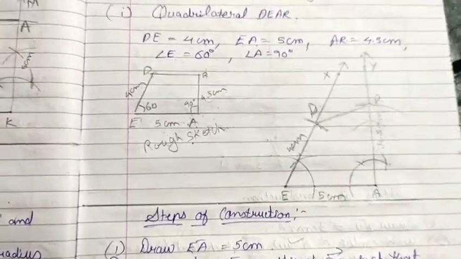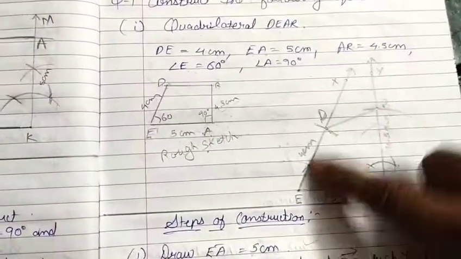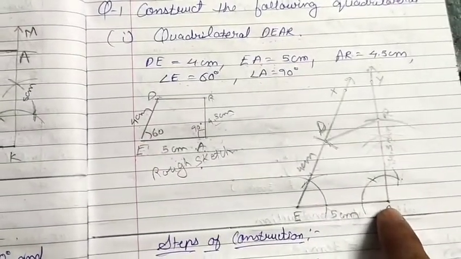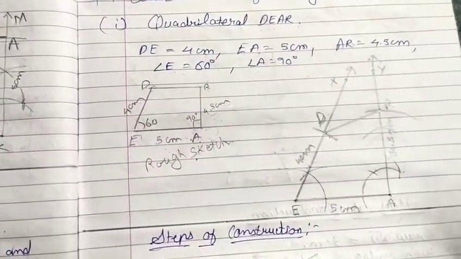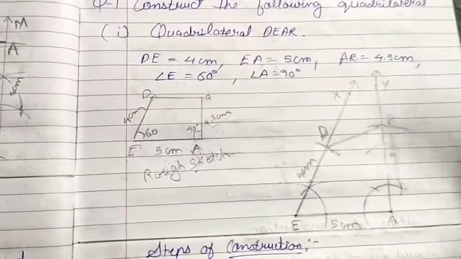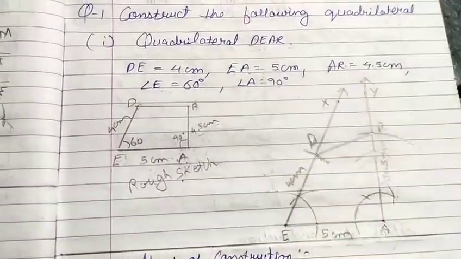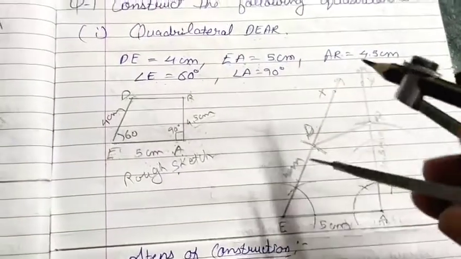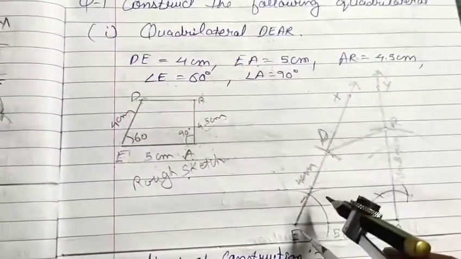After that, we need to draw this ray, which is of 60 degrees, and measure angle A of 90 degrees. So how to get it? You can draw such an angle with a protractor also, and it is possible with this compass also. So let us first construct 60 degrees.